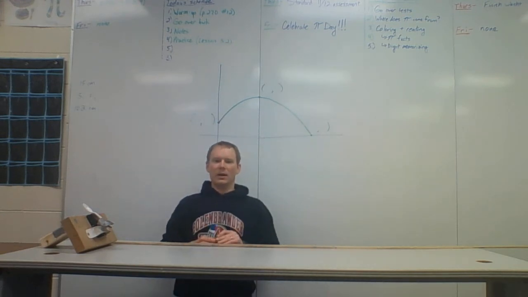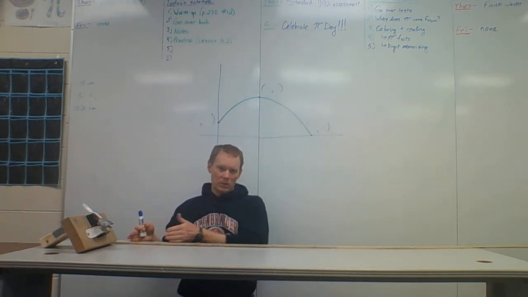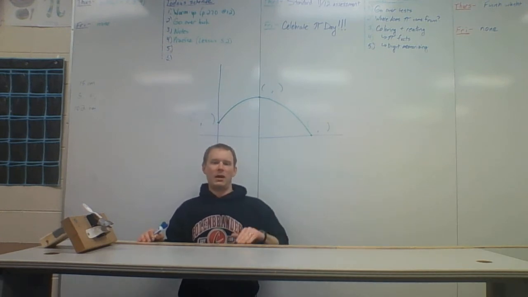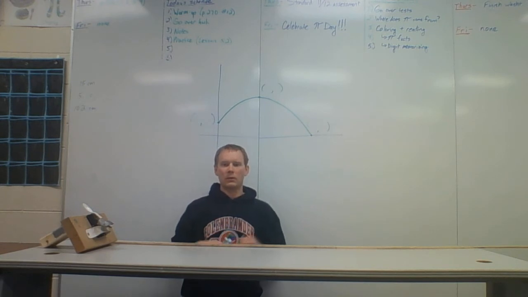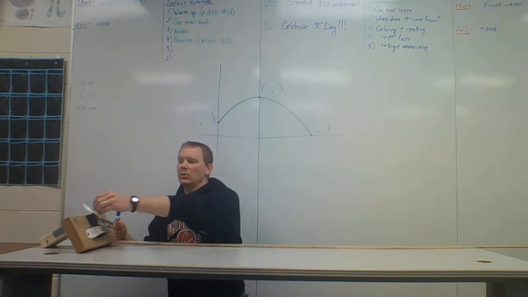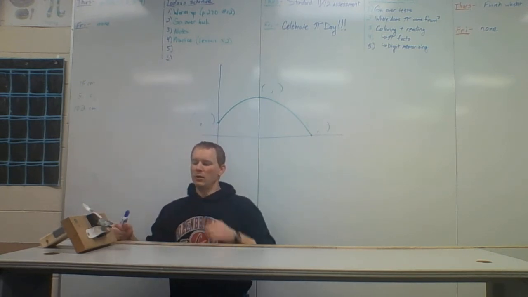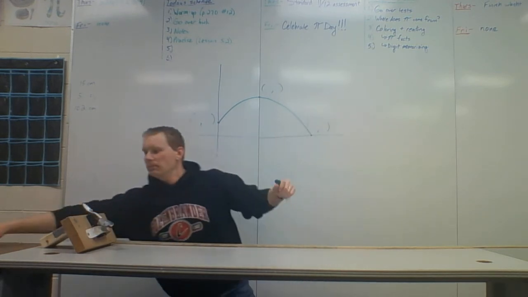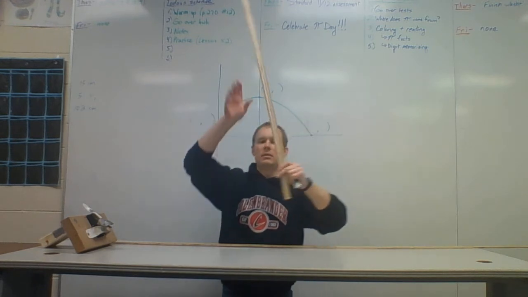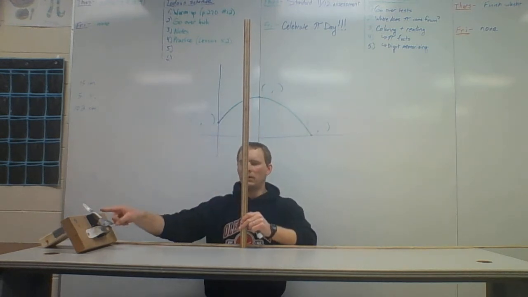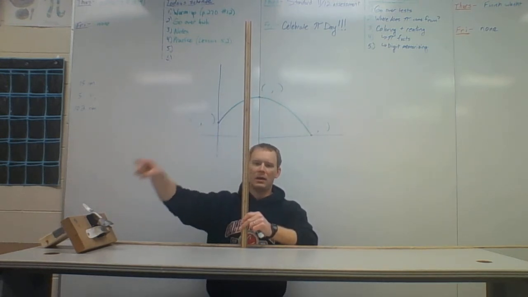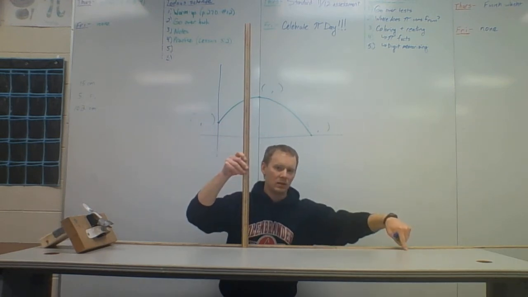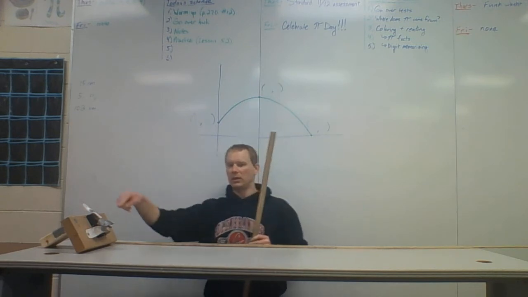Instead of the time variable, we're going to use the horizontal distance for our x and the vertical distance for the y. What you would have done in this activity is get together in groups and launch your projectile many times, collecting data: how high above the ground the projectile was at its vertex, where it hit on average, and where it's starting.